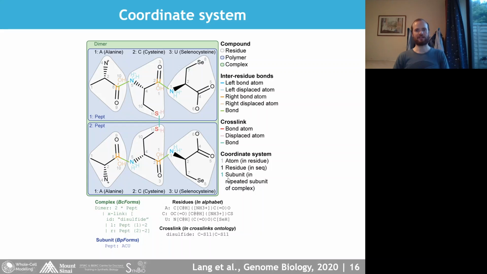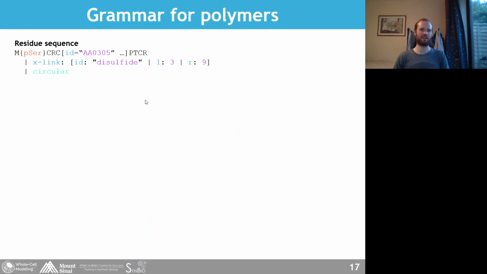So that's basically the idea of BpForms, but we had to put this into a machine and human readable string format. And how we did this is shown here. For instance, we have single letter residues and we have multiple letter residues, where multiple letter residues are encoded in braces.